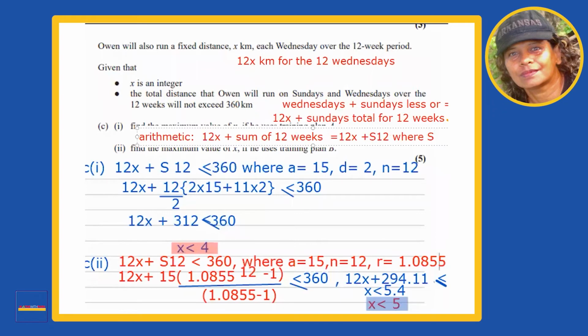What is S12? Now let's look at what Sn is equal to. Sn is equal to n over 2.